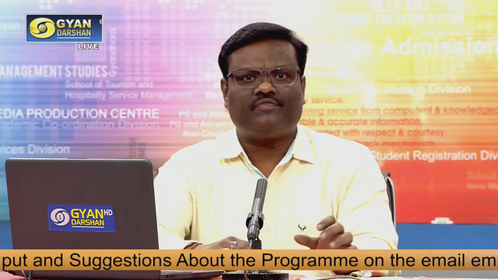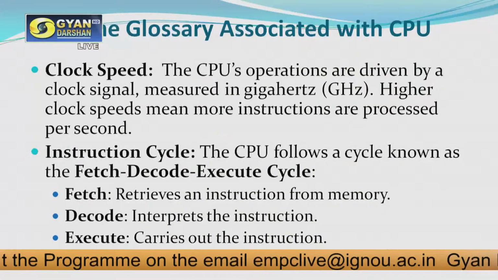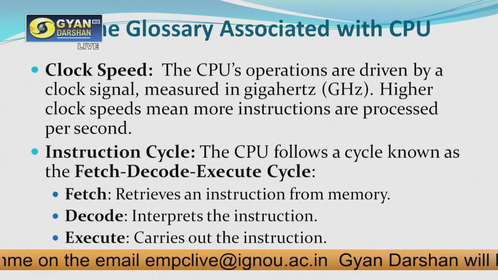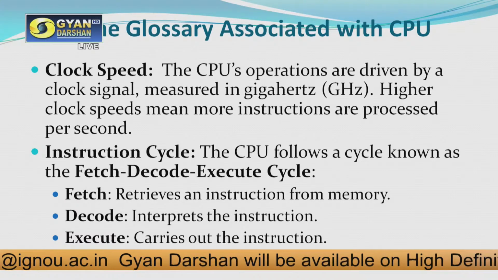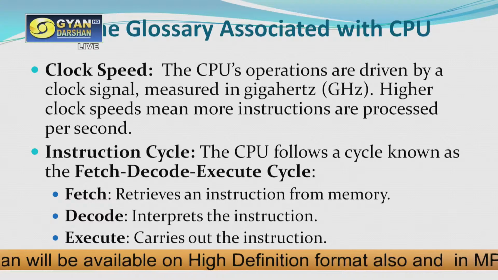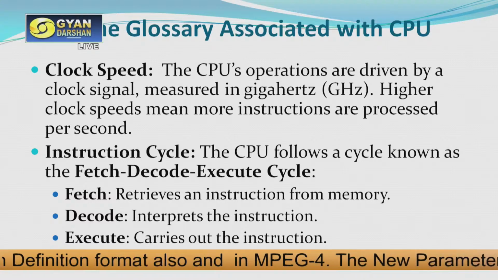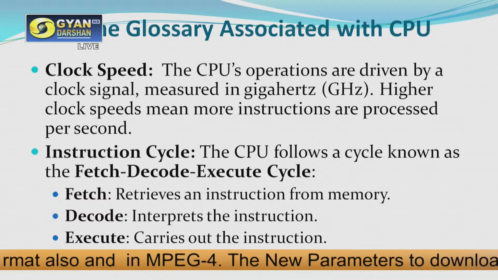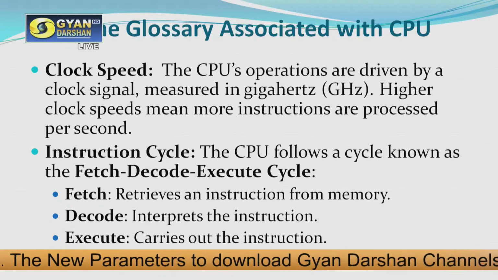Some glossary items or terminology you have to learn whenever you are learning about the CPU. The first term you have to learn is the clock speed. The clock speed is nothing but that all the CPU's operations are driven by clock signals. These signals are measured in gigahertz. You may have seen some processor with 3.3 gigahertz.